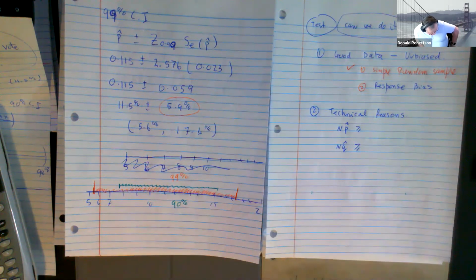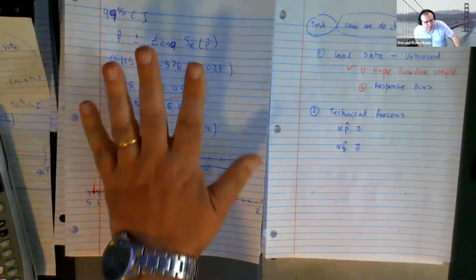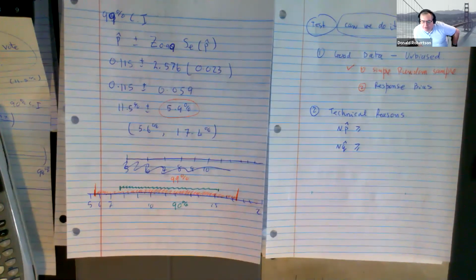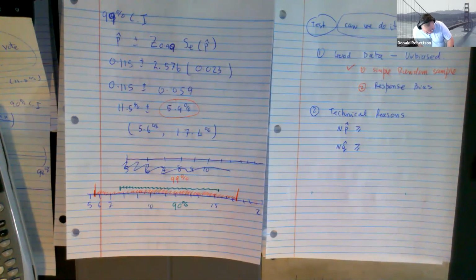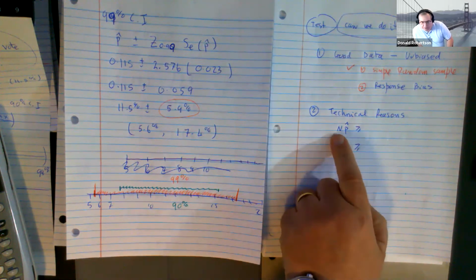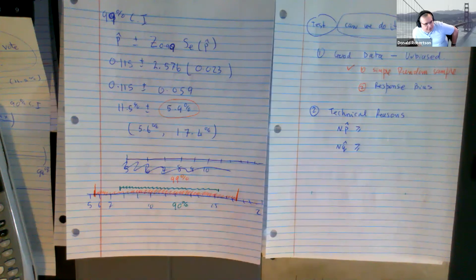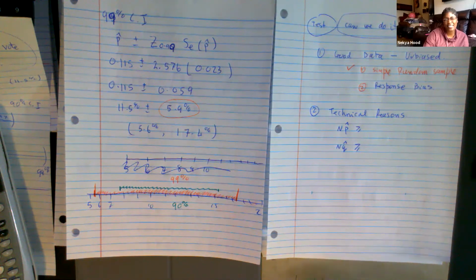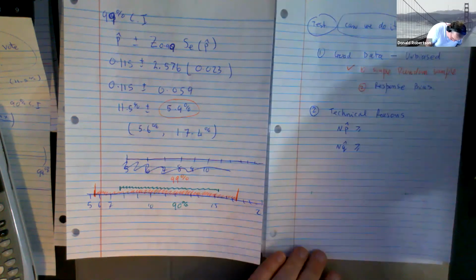You cannot conduct one of these tests, these hypotheses, or create a confidence interval, unless NP hat and NQ hat are bigger than or equal to a certain number. Do you know what number? Was it 10? 10. It was the magic 10.